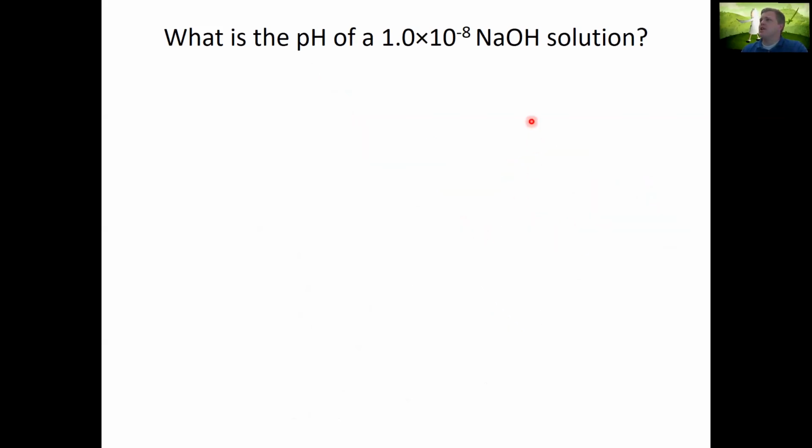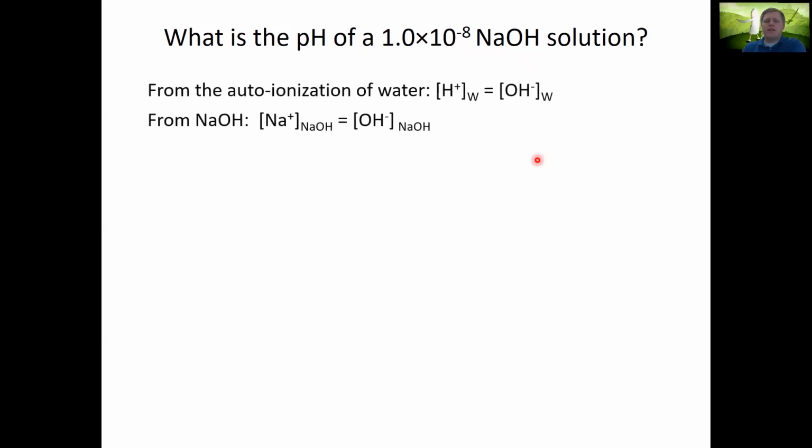All right, but let's figure out what the pH is of a 1 × 10⁻⁸ molar NaOH solution. We know a couple of things about this. We know that when we throw sodium hydroxide into water, it completely dissociates. So we get 1 mole of sodium for every mole of hydroxide that's formed.